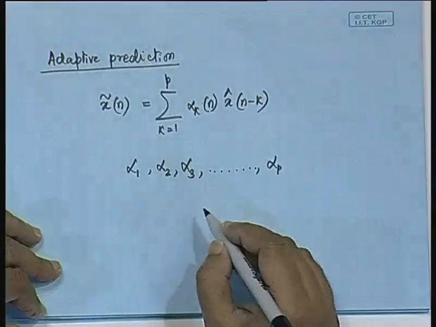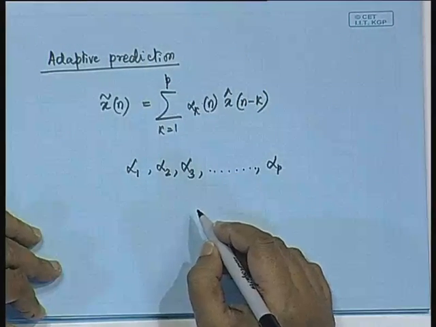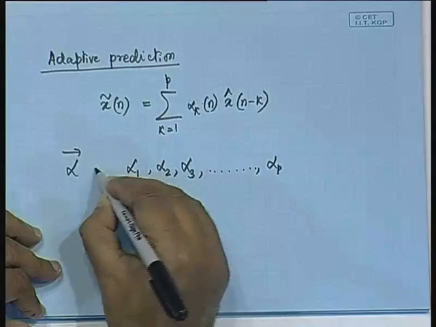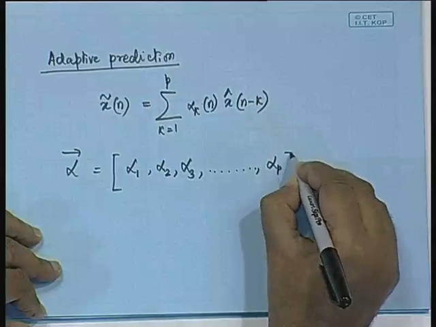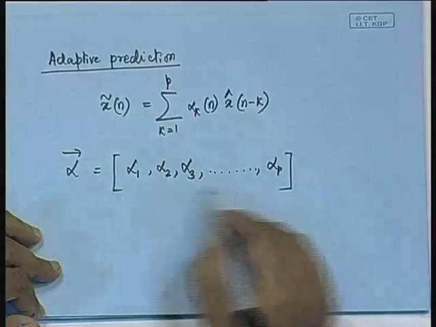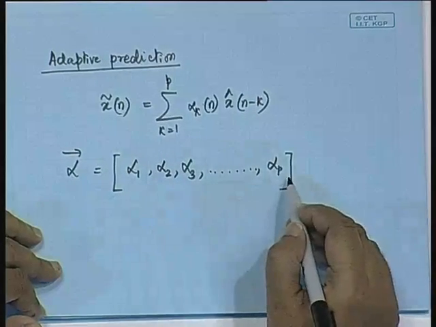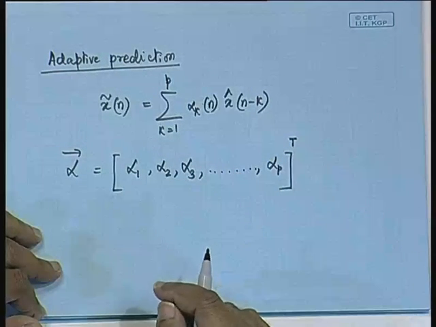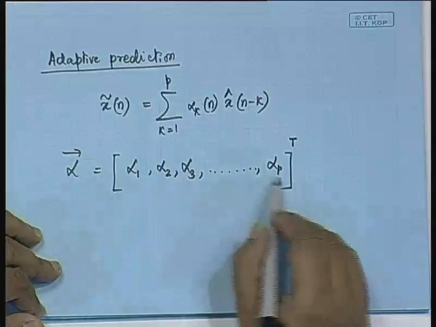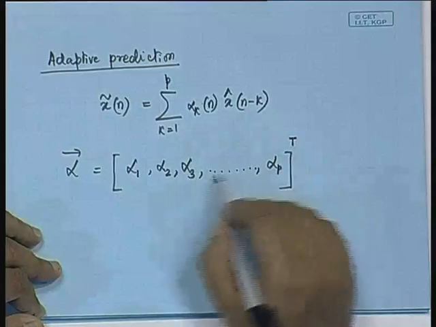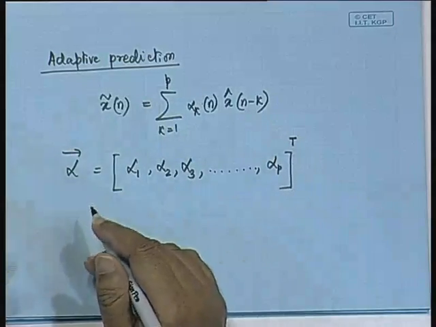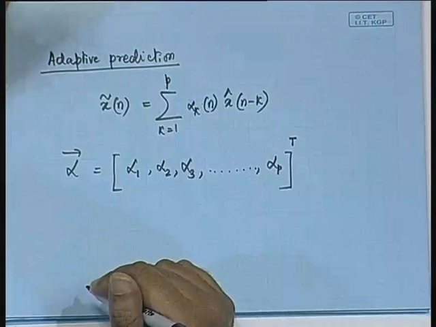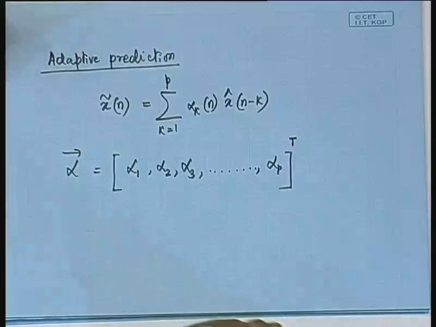Alpha p is the coefficient which is to be used for the sample which is p sample old, and this whole thing we are calling as the alpha vector. So, alpha vector is something which we can write down as alpha 1 to alpha p, and we should normally write it in the form of a column vector. So, that is why if we write it as row, let us put that as the transpose of this. So, this becomes the alpha vector, which is a vector of all the predictor coefficients.